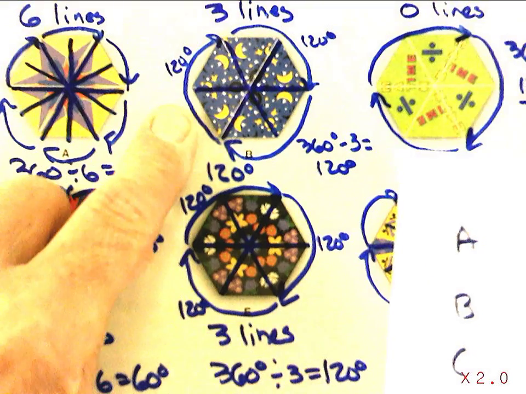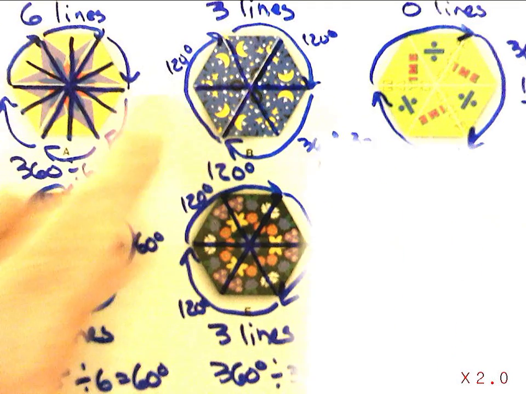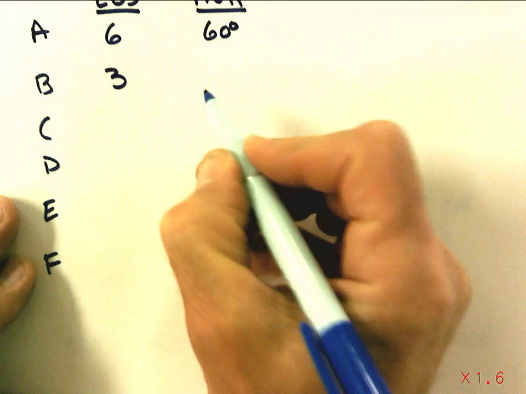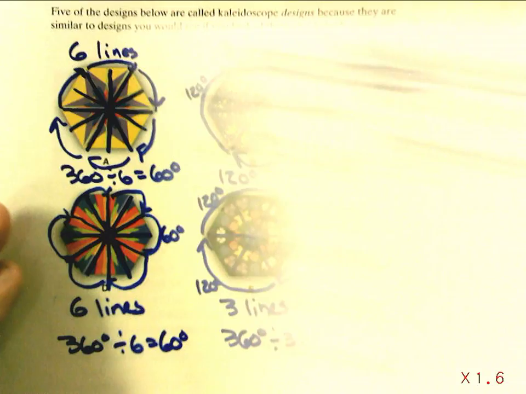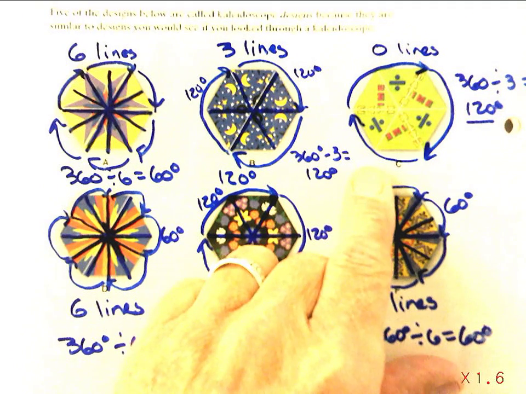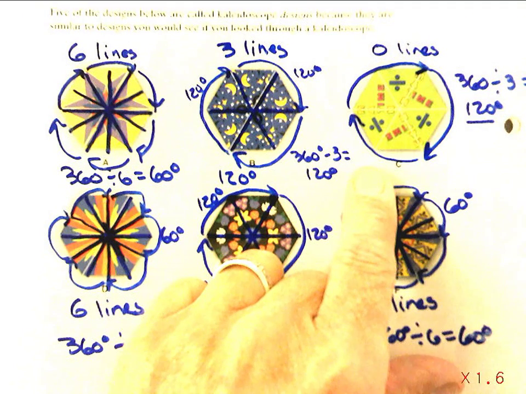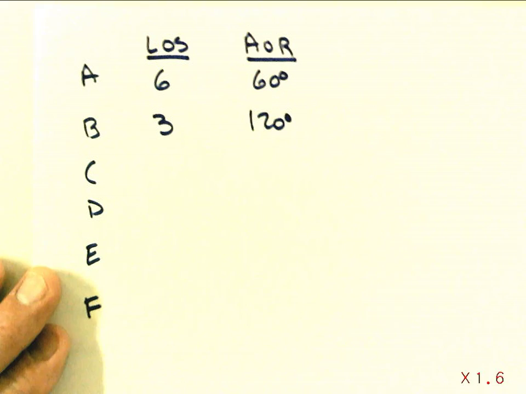And B had 3 lines and 120 degrees. So 3 lines and 120 degrees. And C, which was kind of an odd one with the words in it, had 0 lines and 120 degrees.